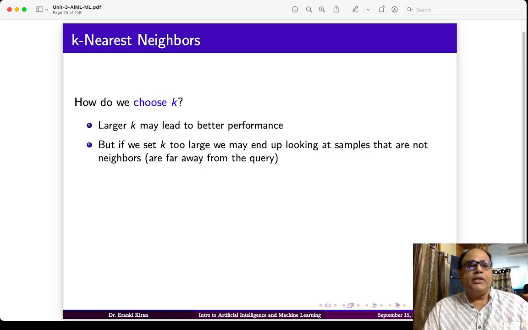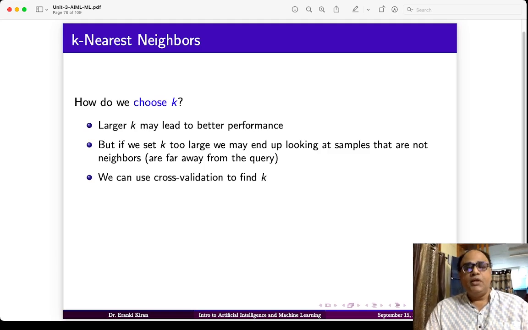If we set k too large, we may end up looking at samples that are not neighbors but pretend to be neighbors because we are simply looking at the proximity of distance, right? So one way to control this is to apply cross validation to find k, to see to what extent these neighbors can actually qualify as neighbors.